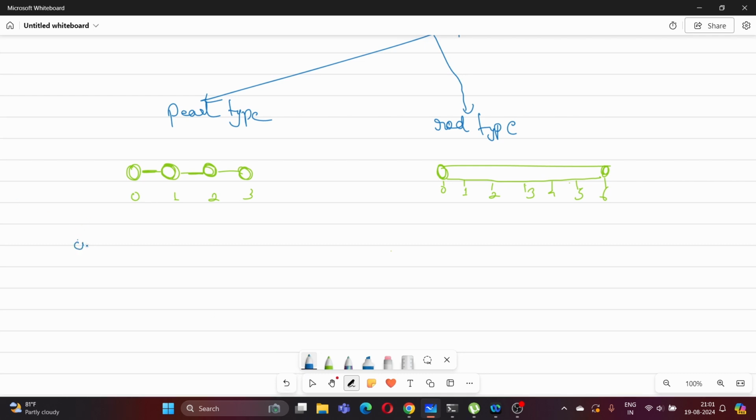Let's say cut at I equal to 2. This would mean 0 1 would be present. You can't cut pearls, right? You'll cut the thread between them. 2 3, cut the thread, not pearls.